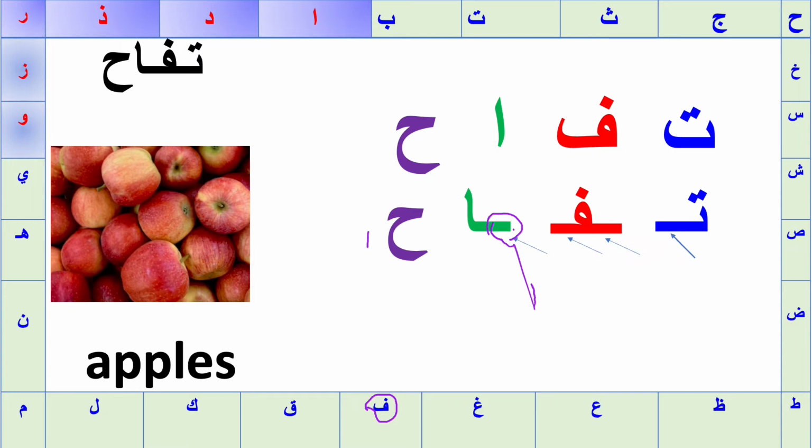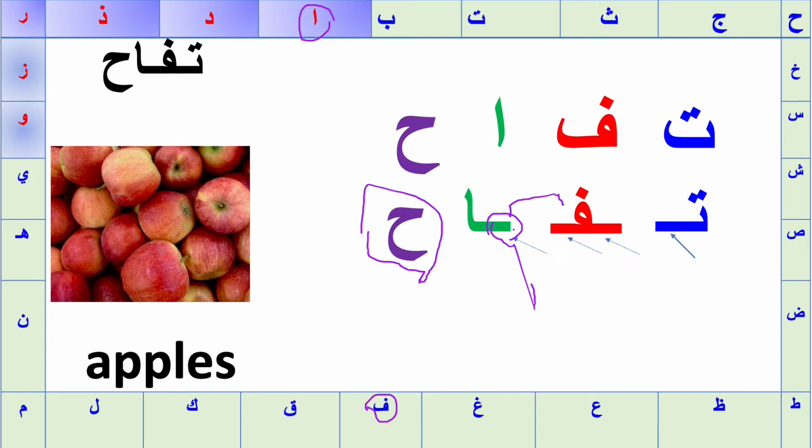That's why even though the ha is a letter that can connect to the right and to the left, it will not connect to the alif, because the alif can only connect with a letter that comes to its right hand side, which is fa in this example.